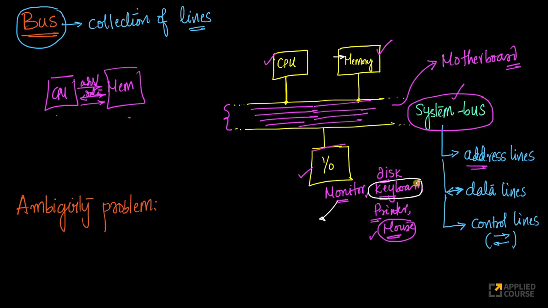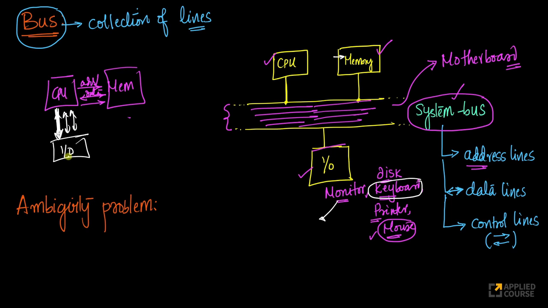Your keyboard also will have an address associated with it, just like your memory addresses. So just like CPU memory interfacing works, similarly CPU I/O interfacing also works, right? Of course, address lines are only outgoing. Your control lines can be incoming or outgoing, right? Similarly, your data lines are bidirectional.